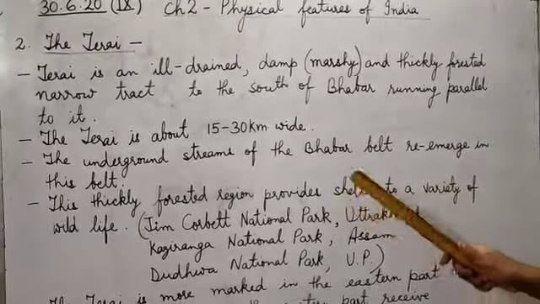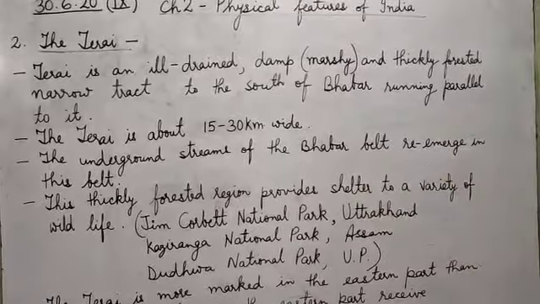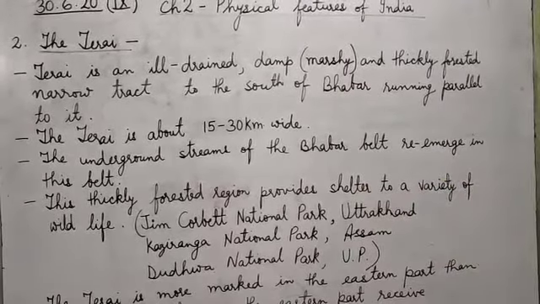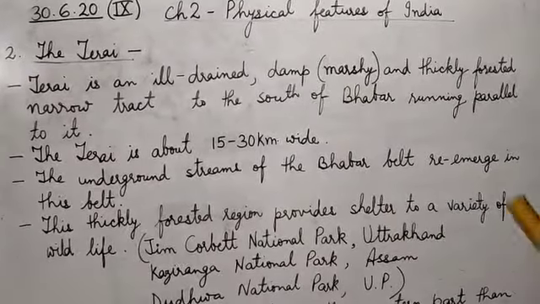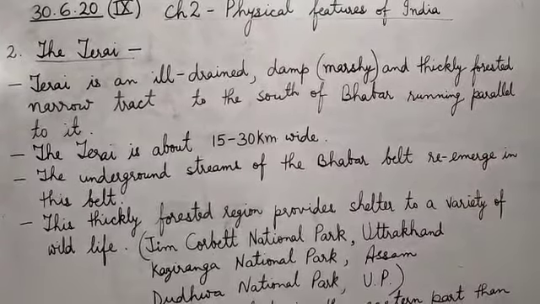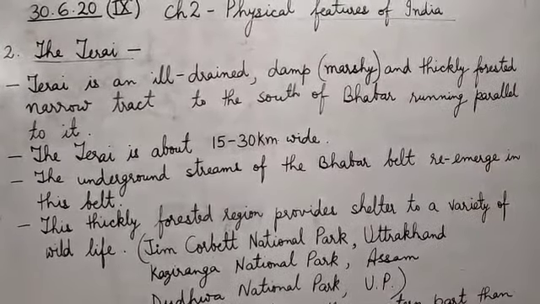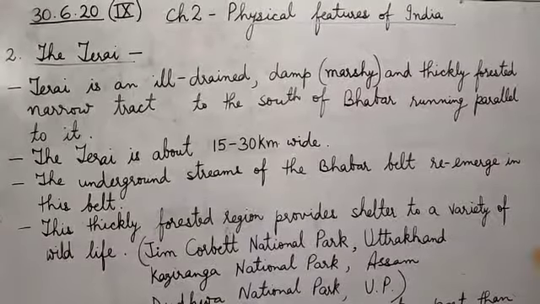So these underground streams of Bhabar belt, they re-emerge in this belt. Now the re-emerged water transforms large areas along the rivers into badly drained marshy land.